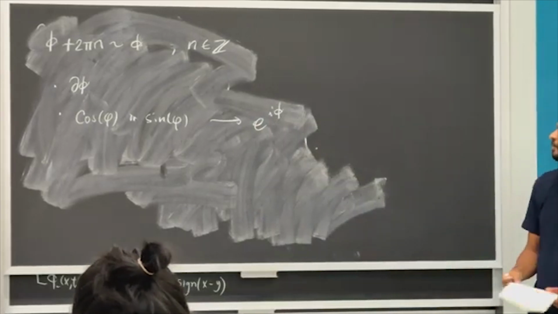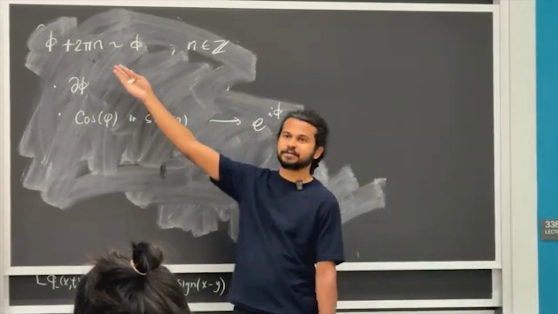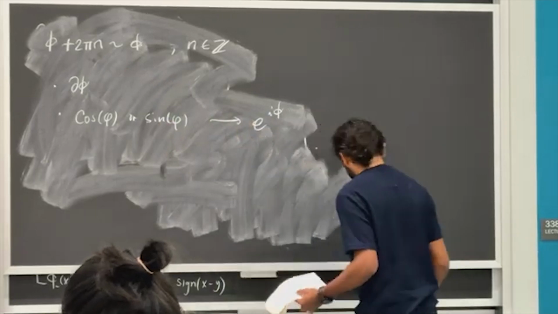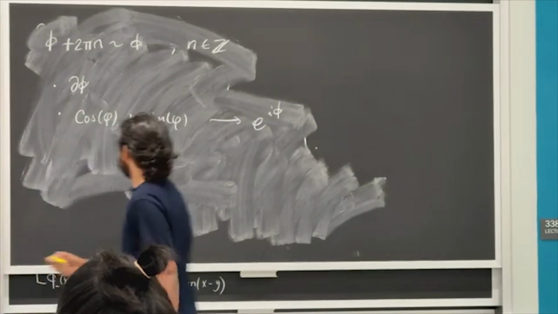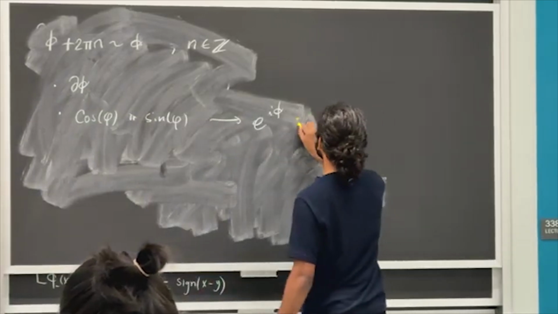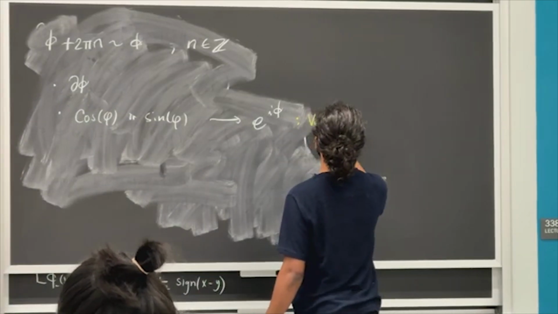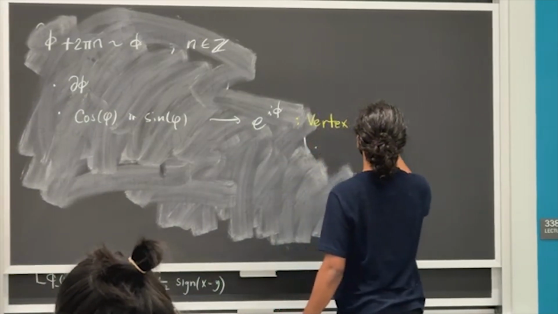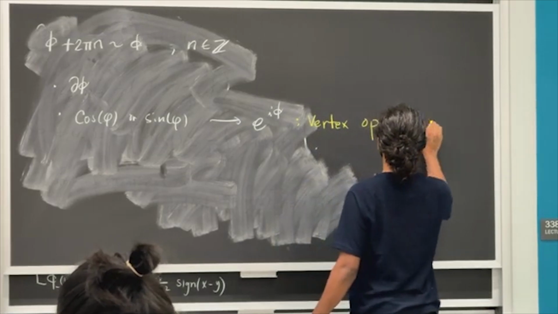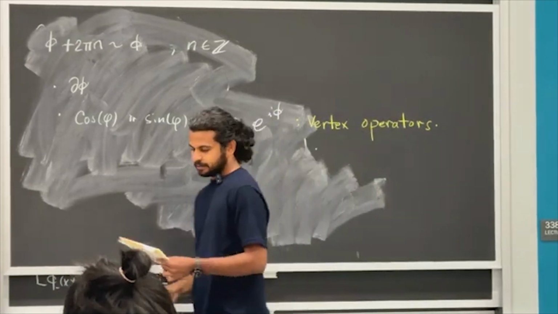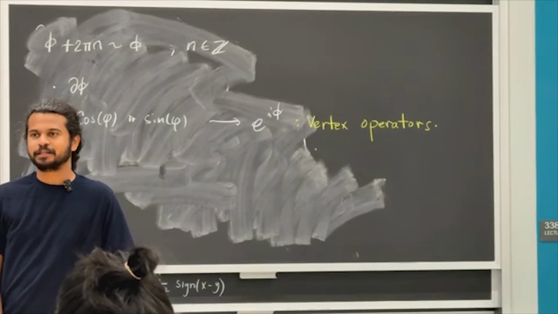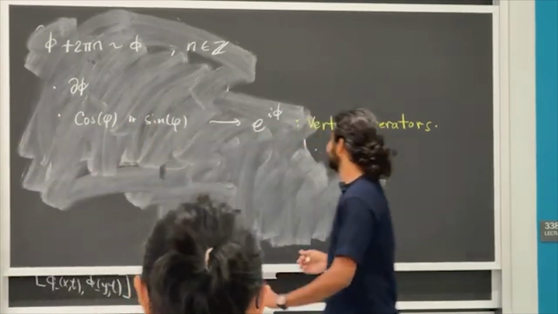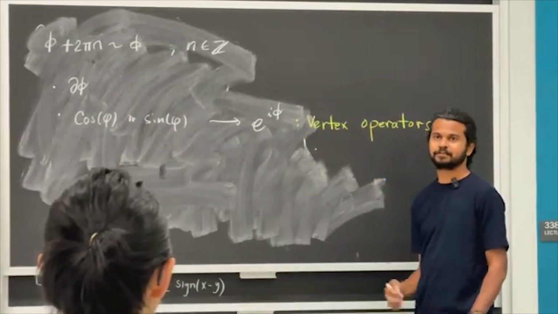These respect this periodicity, and this has a special name, and this comes from string theory again. These are called vertex operators. So we will declare that we are going to be looking at the correlation functions of these vertex operators.